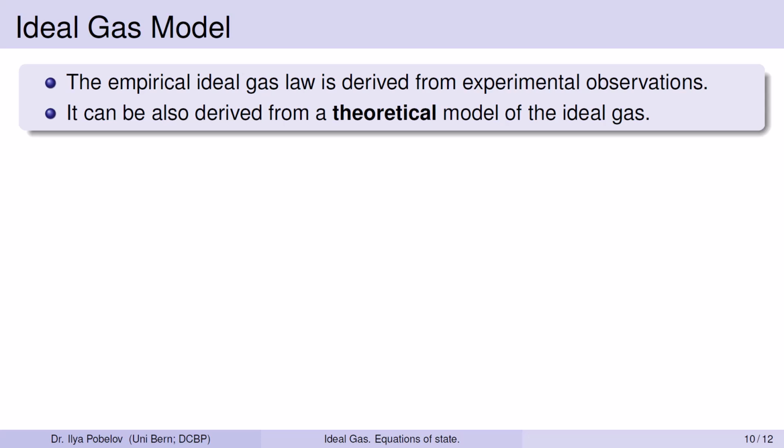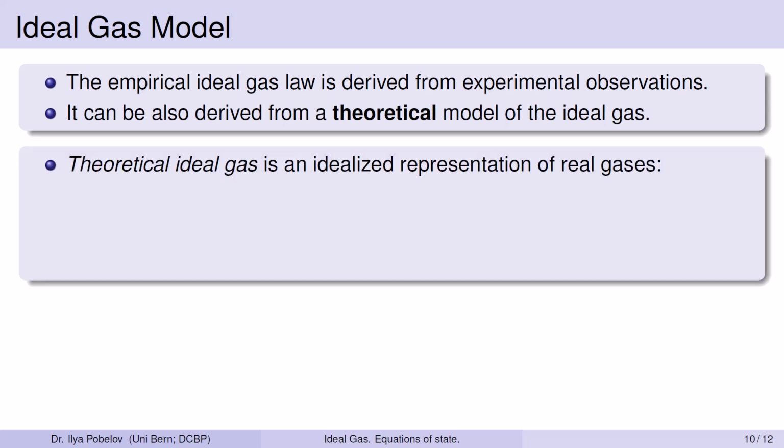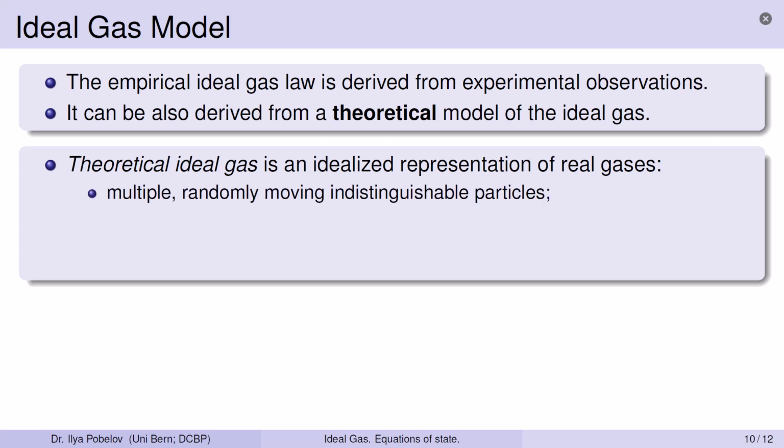It can be derived from a basic model representation of what we can call a theoretical ideal gas as opposed to an experimental ideal gas, approximating real gases in the analysis of experimental results. At its core, theoretical ideal gas is an idealized representation of real gases. The theoretical model represents the ideal gas as multiple, randomly moving, indistinguishable particles.